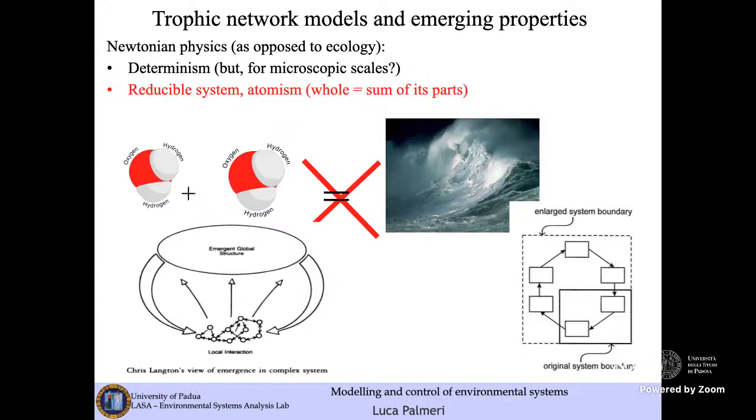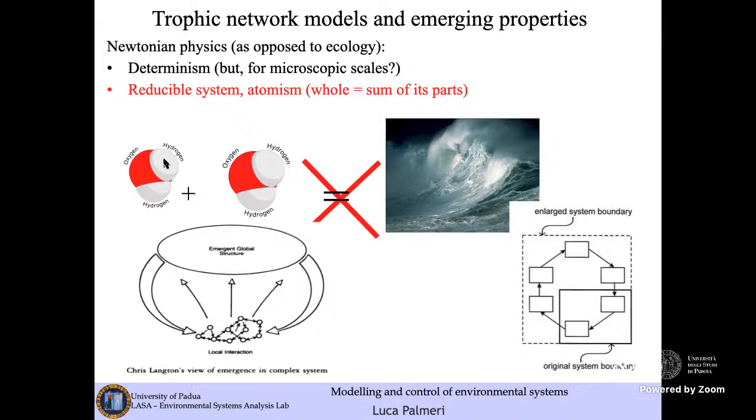For example, you cannot imagine describing the effects of waves, a large quantity of water, by simply starting from the characteristics of the molecules of water. So you cannot imagine coming to an explanation of how waves are formed and what the effects of waves are, only basing on the chemical characteristics of a water molecule.